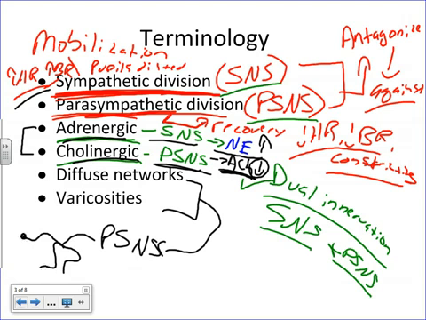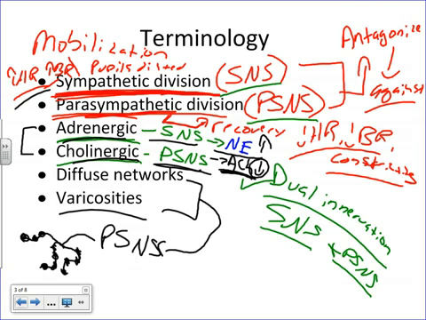And all along these diffuse branches inside the tissues, there are these bulbous, button-like structures, boutons, that store the neurotransmitters to be released, and those are what we call varicosities. You'll see that again later on when I talk about the neurotransmitters. This is some good terminology to get acquainted with when it comes to understanding the role that the sympathetic nervous system plays in our body.